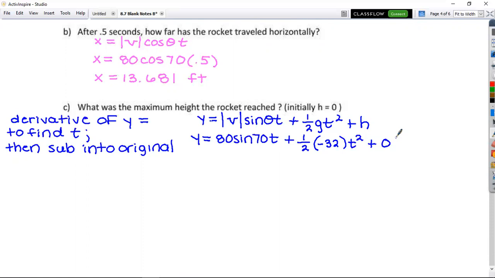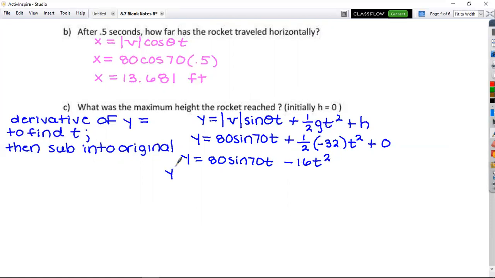All right, before you take the derivative, obviously you want to clean up the 1/2 times the -32. So we're going to go y equals first, and we're going to have 80 sine 70 t minus 16t squared, and I'm not going to rewrite the 0. Now you're going to find your derivative.